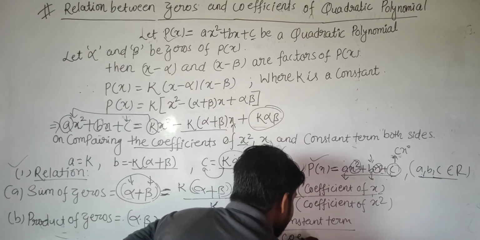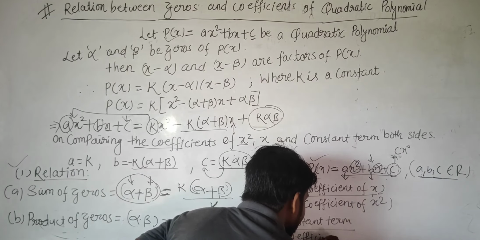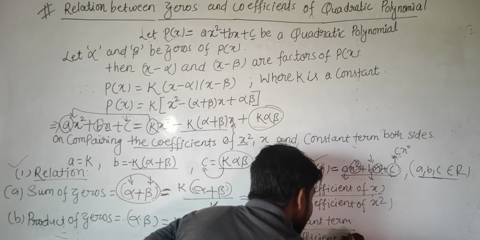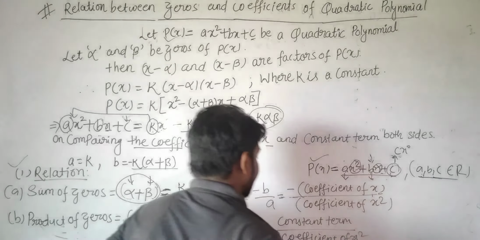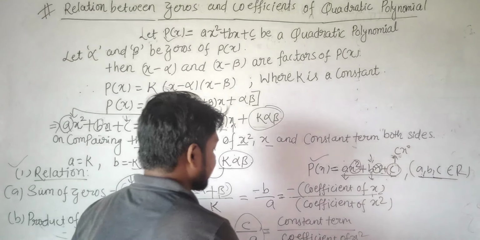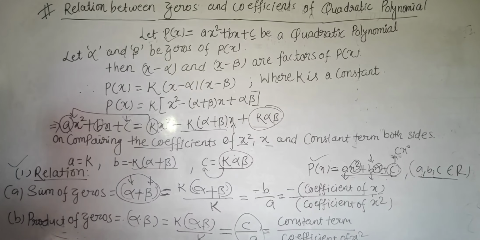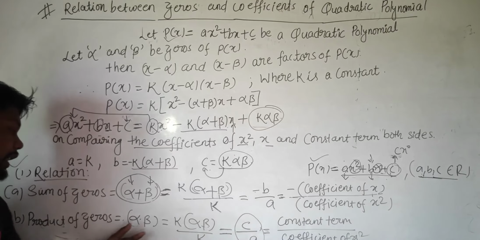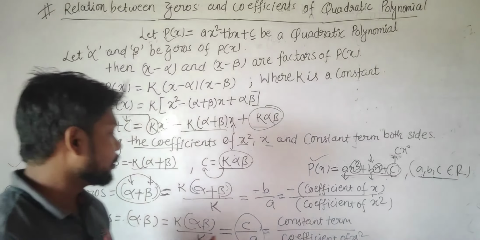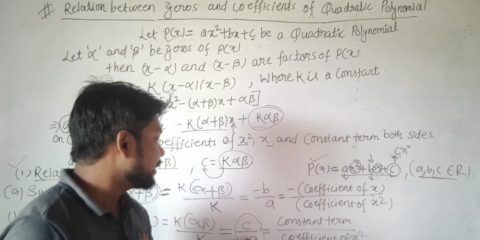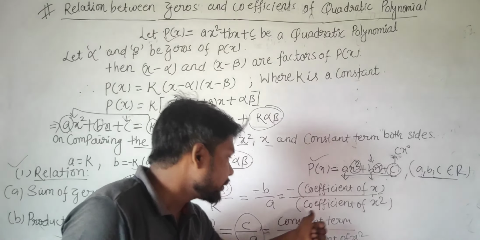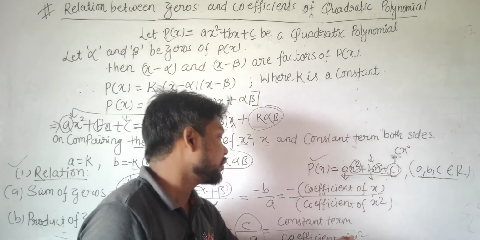So we can say the relation: the product of zeros, alpha into beta, is equal to c by a, that is, constant term upon coefficient of x square.